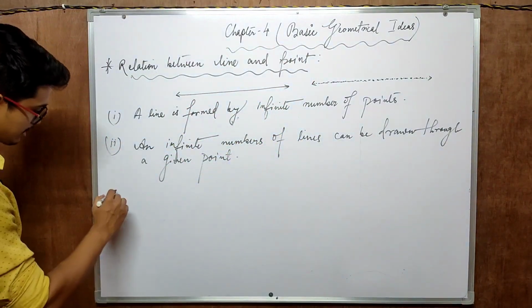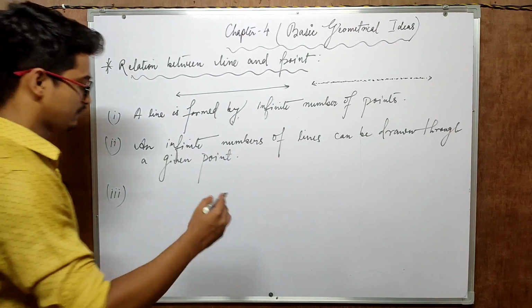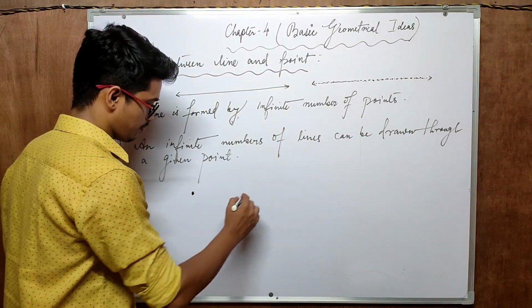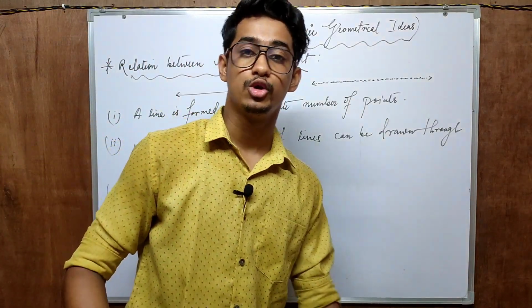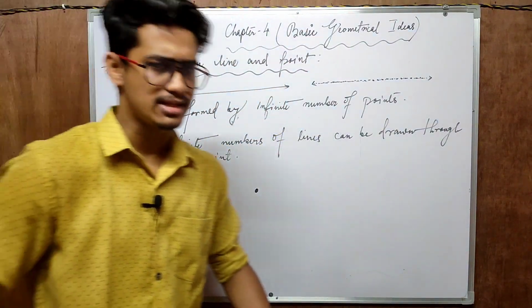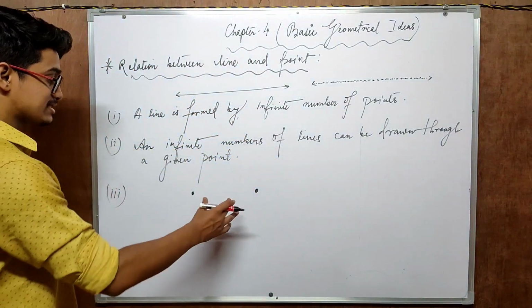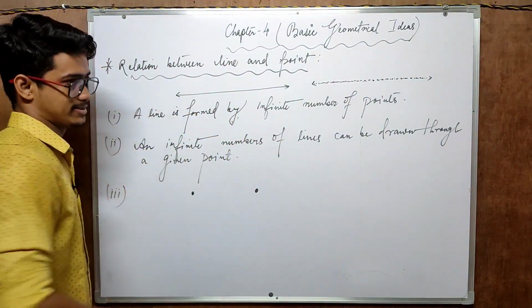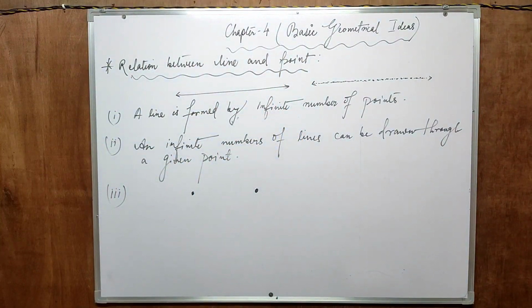So let's understand the last point of this relation. If I give you 2 points, your task is to draw as many lines as you can passing through these 2 points. How many lines can be drawn? What will be your answer?